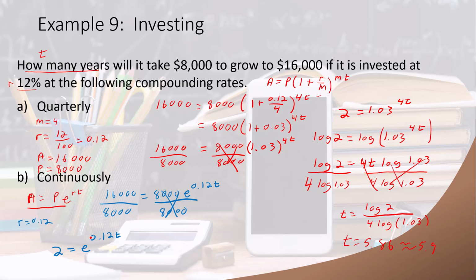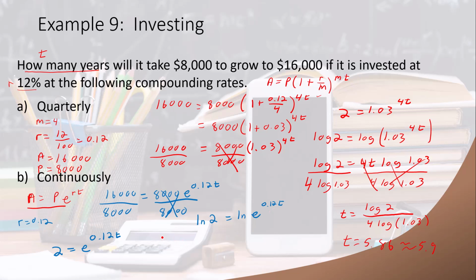Okay, you can take the common log of both sides, but it gets a little complicated. It's a lot easier if you take the natural log. So whenever you see something with an e raised to something, you think natural log. So if you do, you will have the natural log of 2 is equal to the natural log of e to the 0.12t.